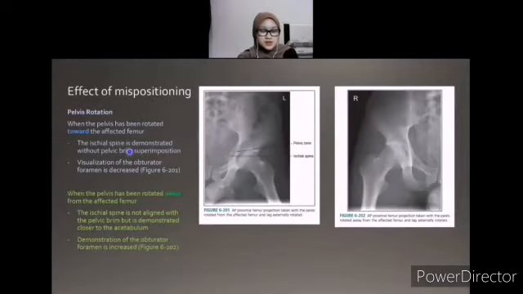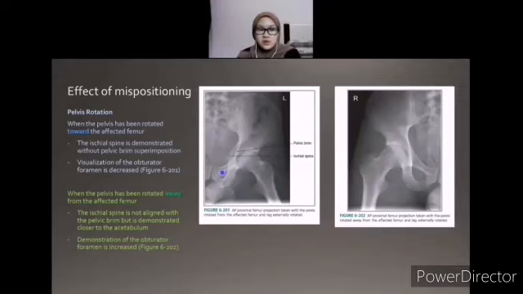We can detect the mispositioning of the proximal femur if there is a pelvis rotation by looking at the superimposition of the ischial spine and the pelvic rim. And also we can look at the obturator foramen.